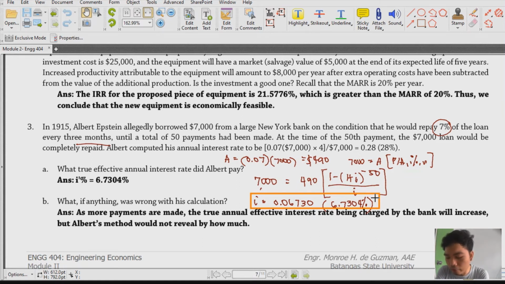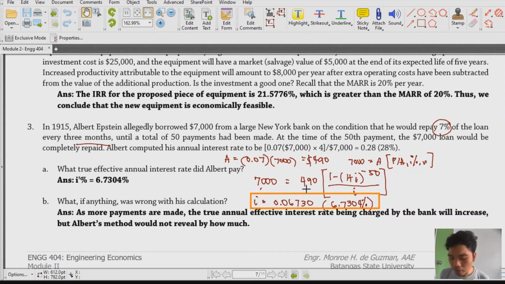Pero alam naman natin na for any annual annuity, as we decrease yung ating bayad, technically the annual interest rate being the computation for the next amount that you should have been paid is actually decreasing kasi nabayaran na natin yung other indebtedness from the previous payment. So basically, hindi talaga siya ganun kino-compute. Ang reference natin wouldn't be 7,000, and it's not really that i-multiply lang natin sa 4.